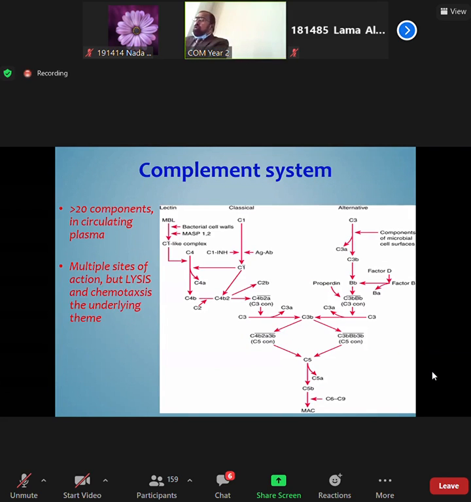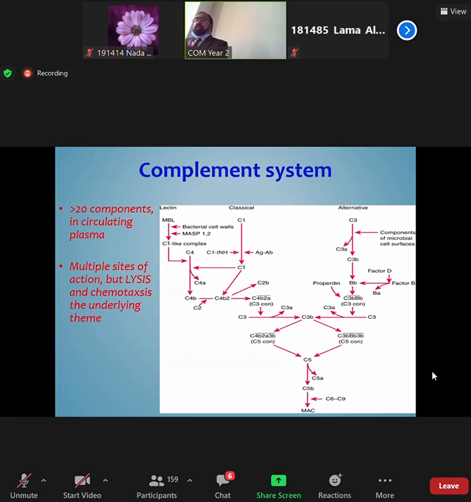Now, don't go into the rough details. Just remember that all these processes lead to formation of C3, right? That's why when you ask about C1 and the other one, I said, yes, it has a little effect, but we are dealing with C3 and so on.